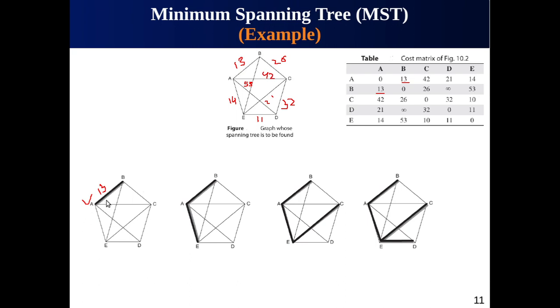Now the edges that are adjacent to the active vertices A and B are AC, AD, BC, DE, and then we have EC and ED. All these links are adjacent to vertex B and D, which are the active vertices now.